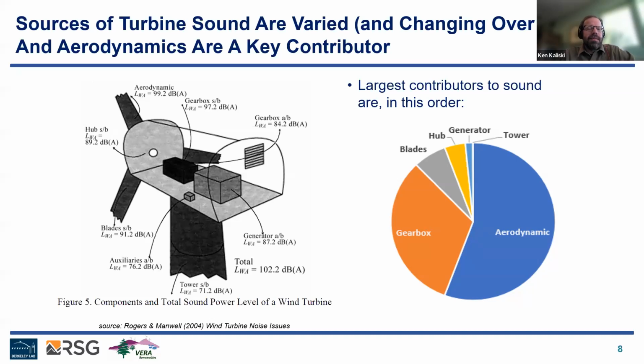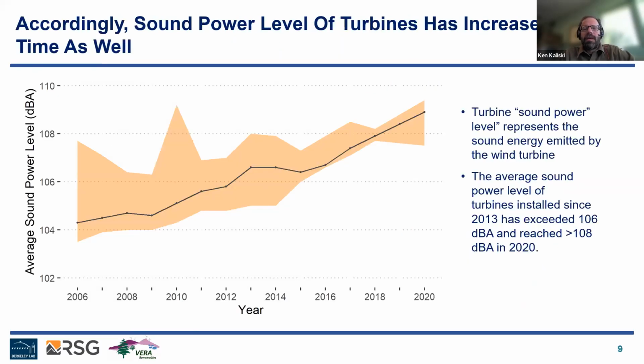And the next slide, please. And we see that if we look at the installed capacity of wind turbines in the years from 2006 to 2020, we could see that in 2006 we had an average sound power level. Sound power is a metric of the sound energy emitted by the wind turbine of a little over 104 decibels.